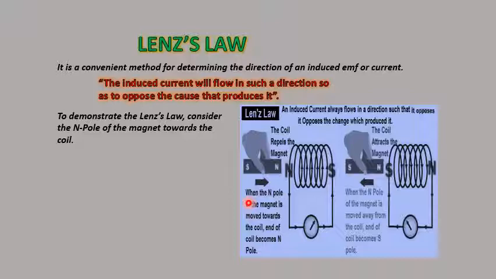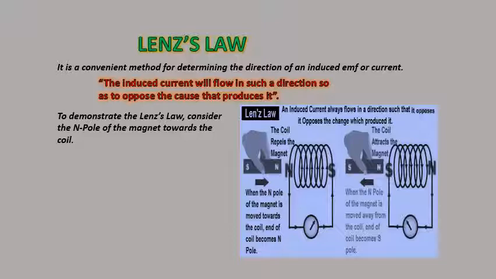On the other hand, if it is moving away from the coil, due to the reverse direction of current, which is because of this induced EMF, a south pole is created on the left side of this coil.